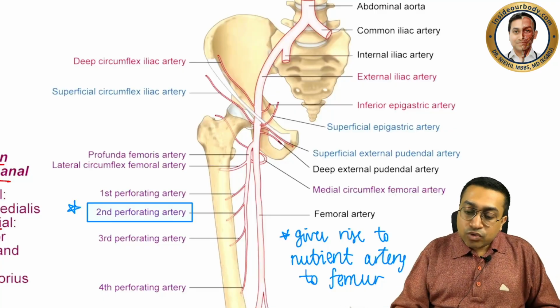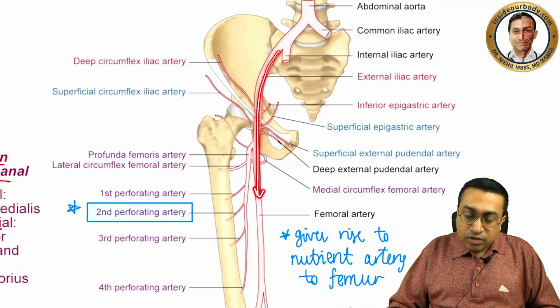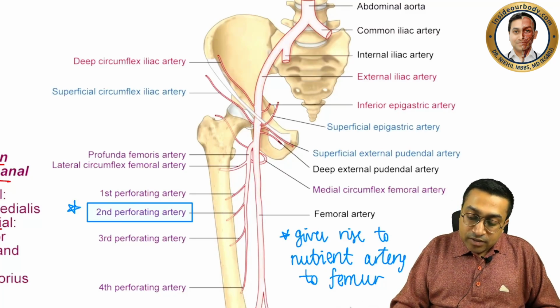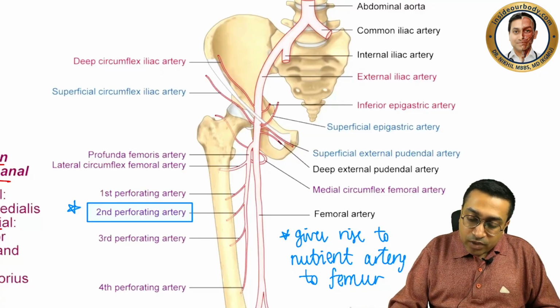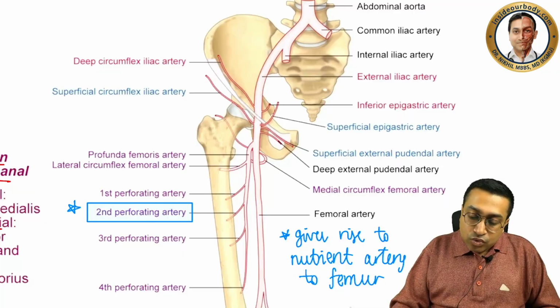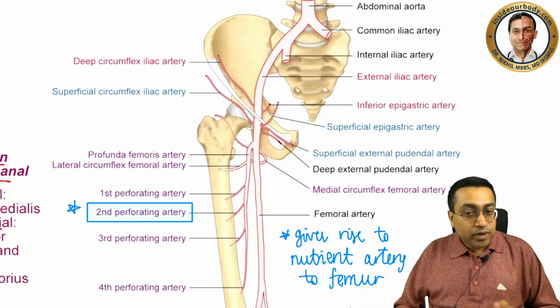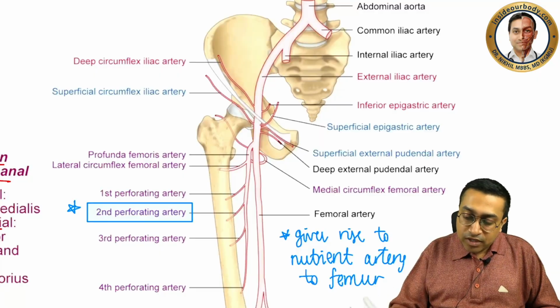Okay. So you can see the common iliac, then bifurcating into internal and external iliac, external iliac continuing into the femoral artery, and this point from where it is continuing, you can see the inguinal ligament is shown here. Okay. So this is the branch which is the profunda femoris. Now pay attention, a very interesting fact you can see here.